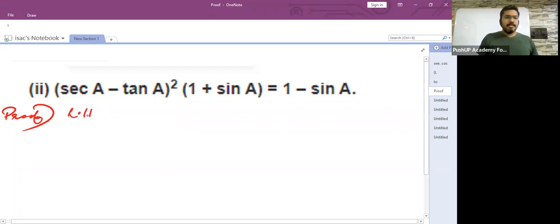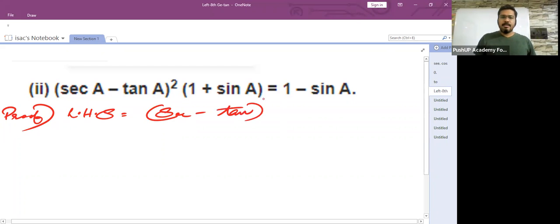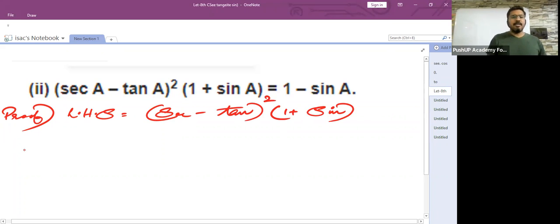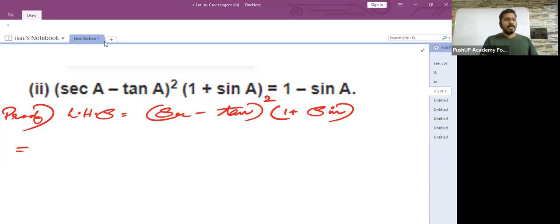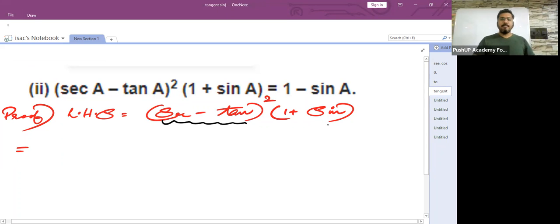Are we all taking the LHS? So you get (sec minus tan) the whole square multiplied by 1 plus sine. Did you apply the (a minus b) the whole square identity? So what is (a minus b) the whole square? a square plus b square minus 2ab.